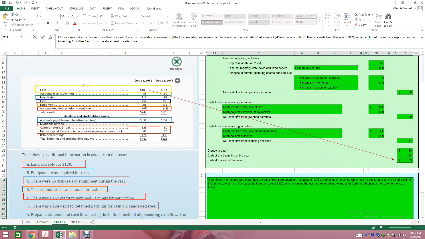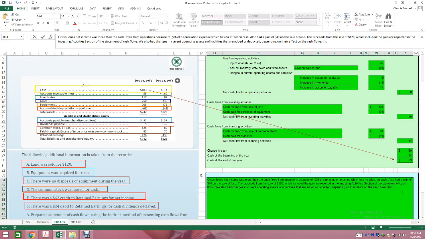Okay. We also had changes in current operating assets and liabilities that are added or deducted depending on their effect on the cash flows.